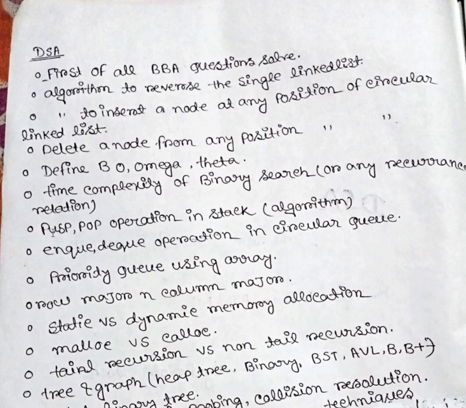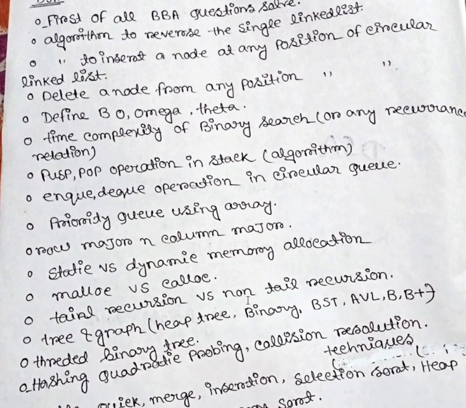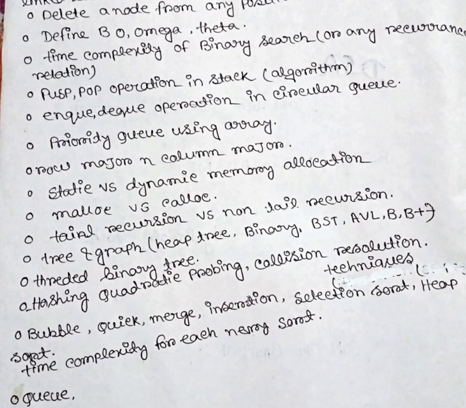Also the stack ADT, or you can say the push and pop operations in a stack, the enqueue and dequeue operations in a circular queue, a normal queue, or a priority queue, row major and column major math, and some static and dynamic memory allocation problems, like what the difference between calloc and malloc is. This whole thing will be in our playlist.